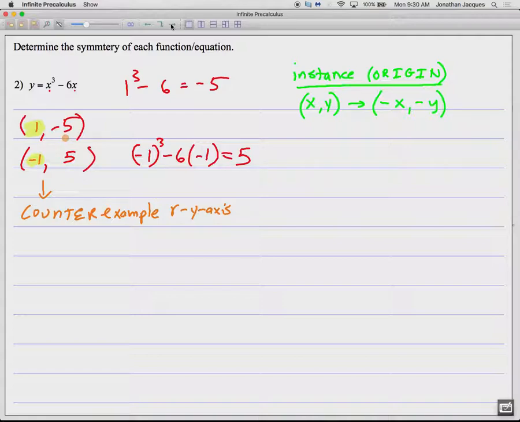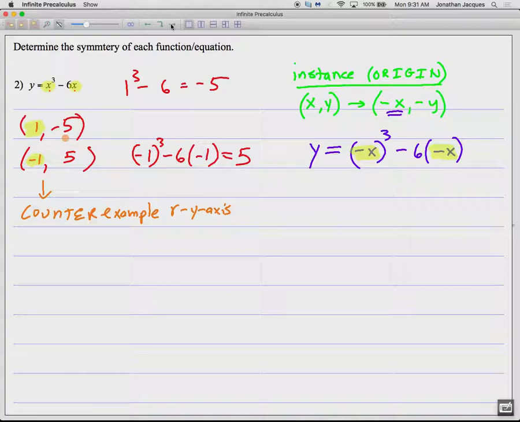So now I'm going to try to prove that. In my function, instead of x, I'm going to use negative x to see if the results are exactly opposite of my original equation.